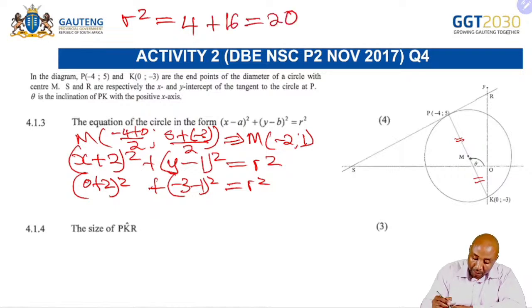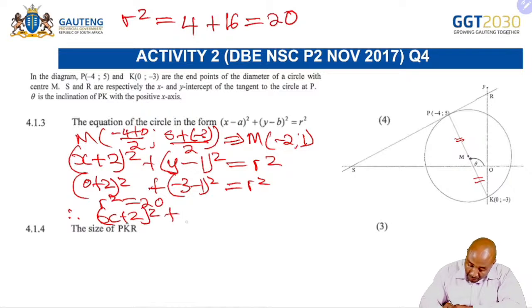My r squared will be 20. So my r squared equals 20. Therefore, x plus 2 squared plus y minus 1 squared is equal to 20.